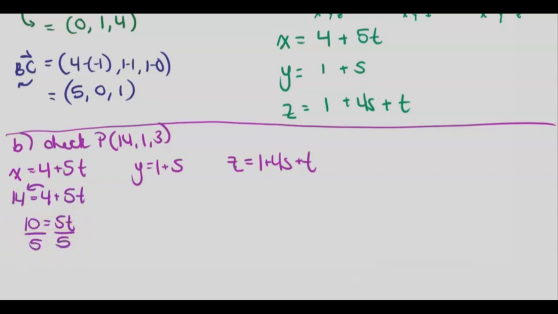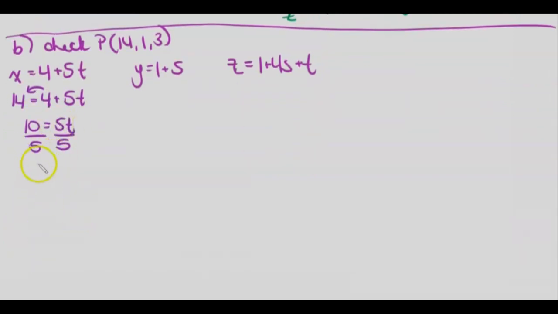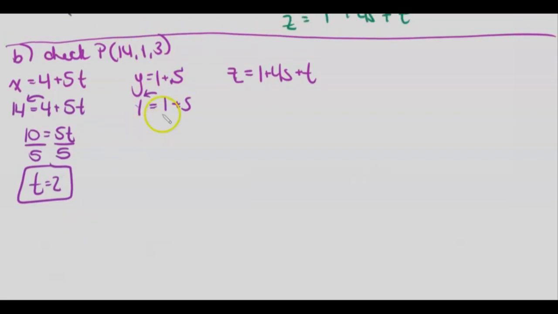Divide both sides by 5, and we get t equals 2. Same idea for y. Y only has the parameter s in it, so this is easy. Sub in 1 for y, bring the 1 over, so it becomes -1, so I get 0 equals s.